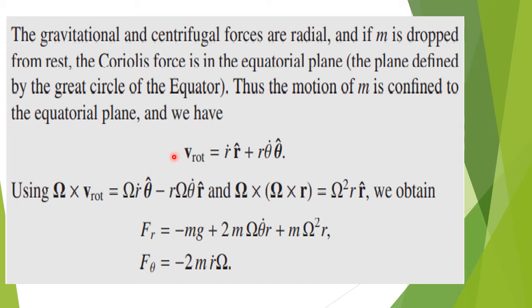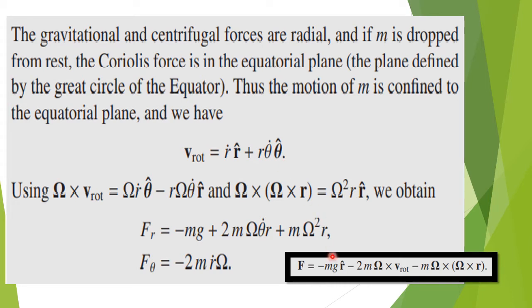Using r and theta, we have the relation for the velocity: the rotational velocity is equal to r dot unit vector r plus r theta dot unit vector theta. Now we have to find the equation of apparent force. In this we first calculate omega cross v rotational as well as omega cross r.